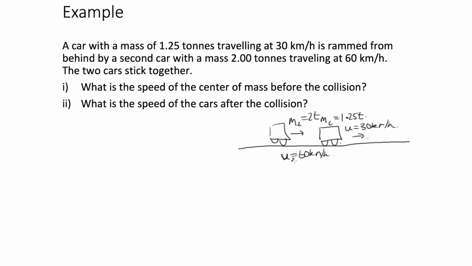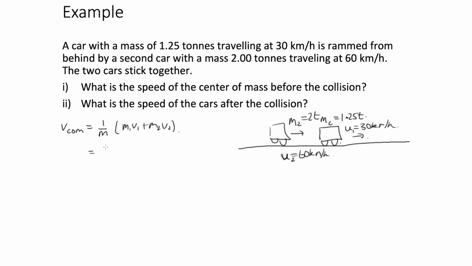So let's call that U2. We'll call this one U1 and this one U2. The two cars stick together. And so we're asked, what is the speed of the center of mass before the collision? So we know that the speed of the center of mass is equal to 1 over the total mass times m1 v1 plus m2 v2.